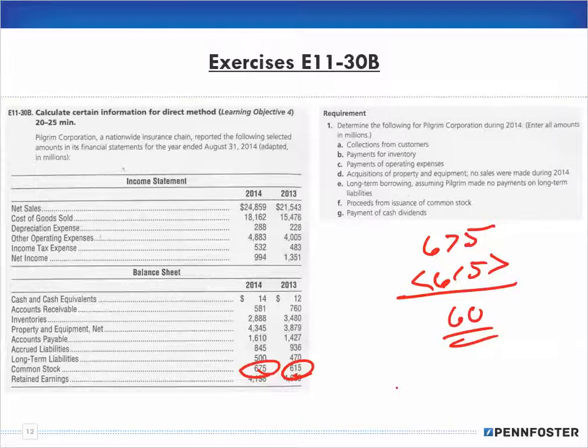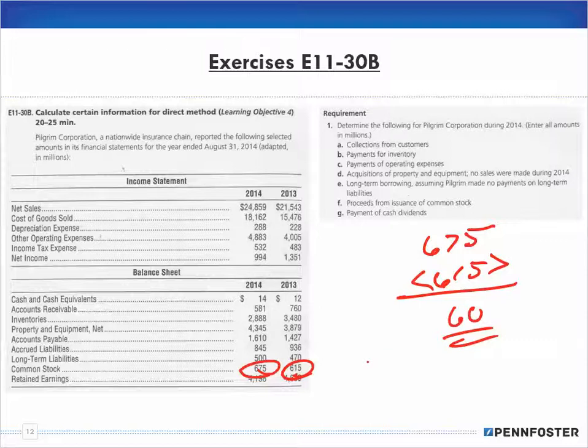Just that simple. Notice we don't have any treasury stock here on our balance sheet. If I had treasury stock on my balance sheet, this calculation might be different because remember, treasury stock is our purchasing back the common stock. But because we don't have that, it's very simple.